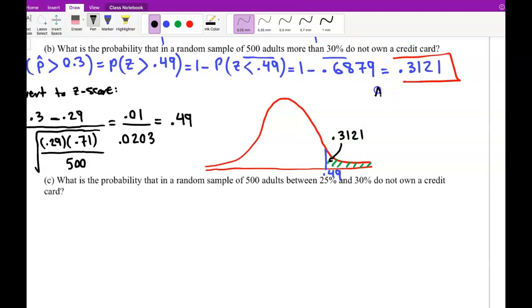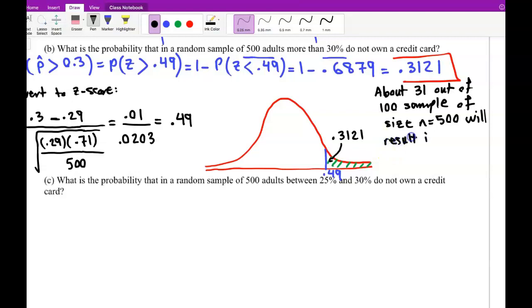So this means about 31%, it's approximately equal to 31%, so about 31 of the 100 samples of size 500 will result in more than 30% with no credit cards.